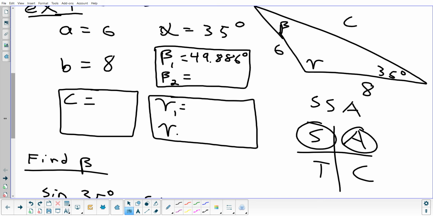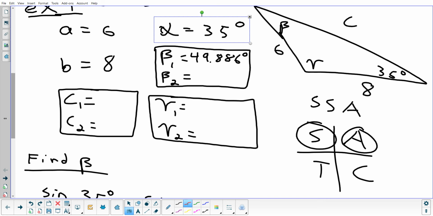So now we're going to have gamma 1, gamma 2, C1, and C2. Everything that has a 1 is part of the same problem. Everything that has a 2 is part of the other problem. The A, the B, and the alpha are in both problems.